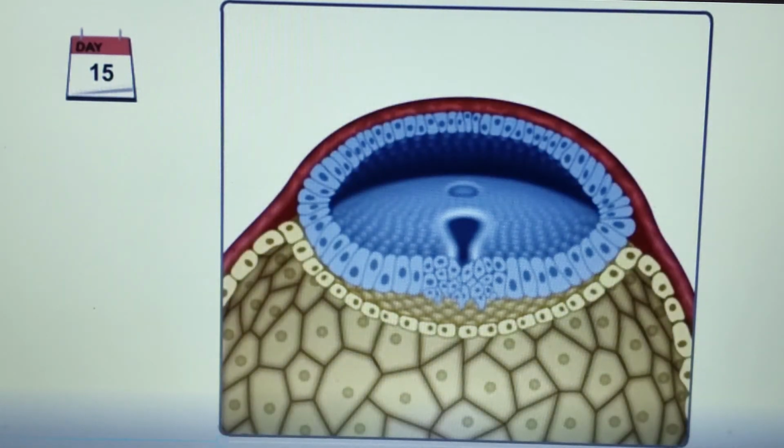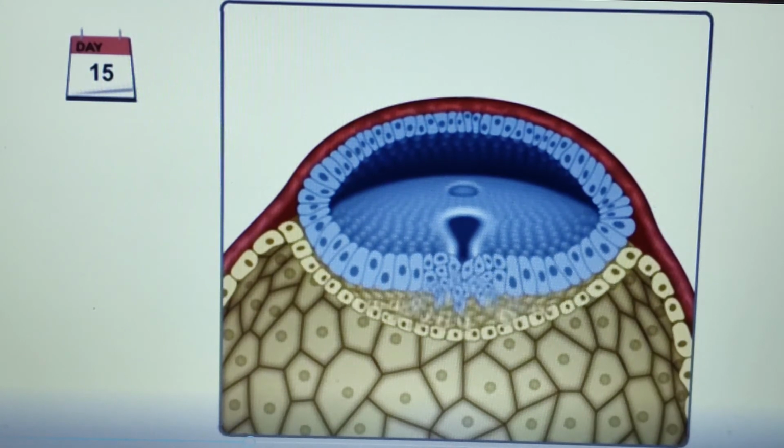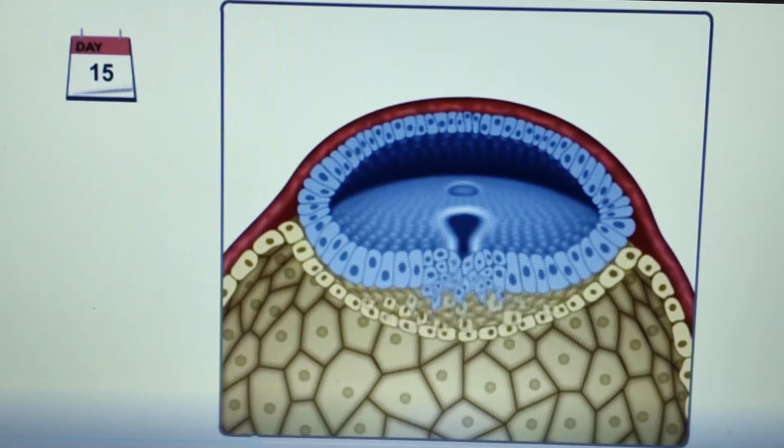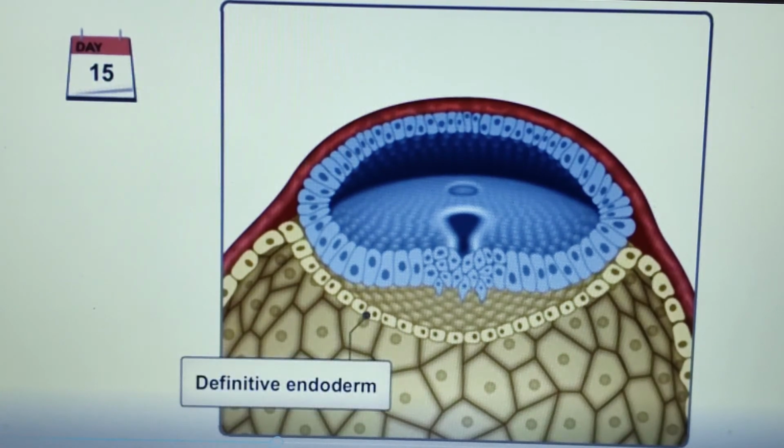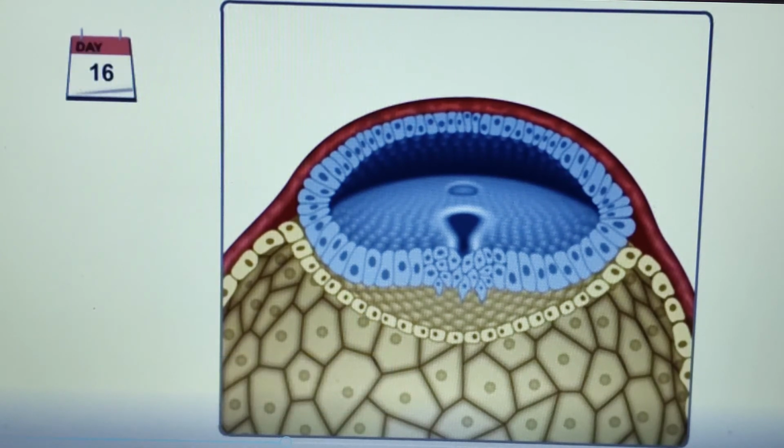These cells then detach and slip beneath the epiblast, and they replace the cells of the primitive endoderm to form the definitive or primary germ layer, that is, the primary endoderm.